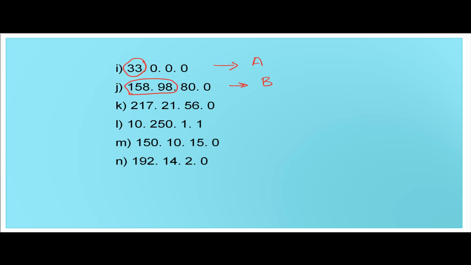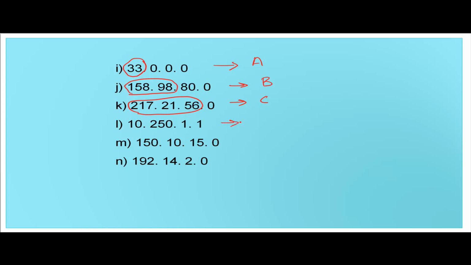Then 217.21.56.0. 217 belongs to class C. For a class C IP address, 255.255.255.0 is the subnet mask, so the first three octets are going to be your network part. Then 10.250.1.1.